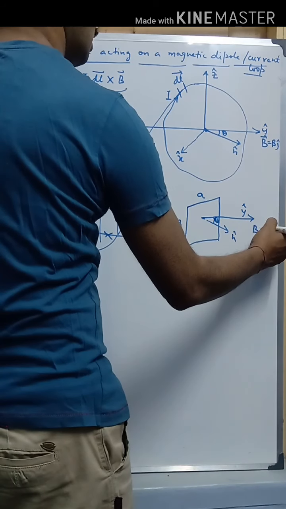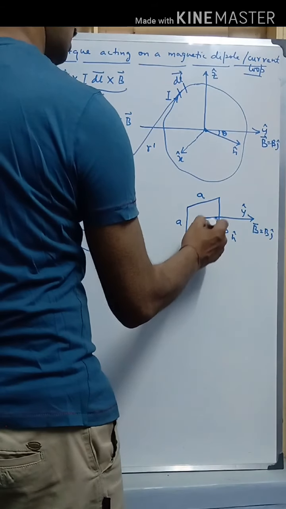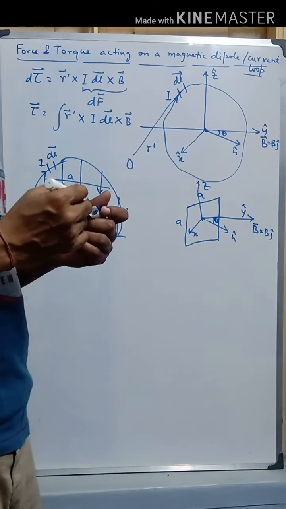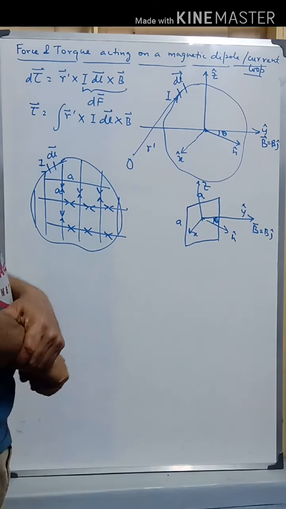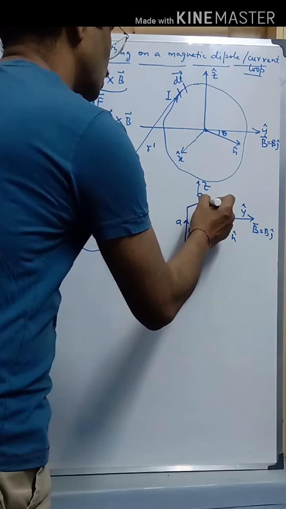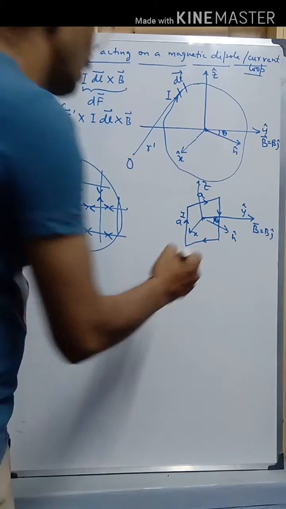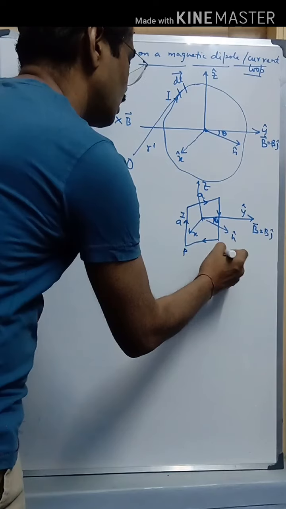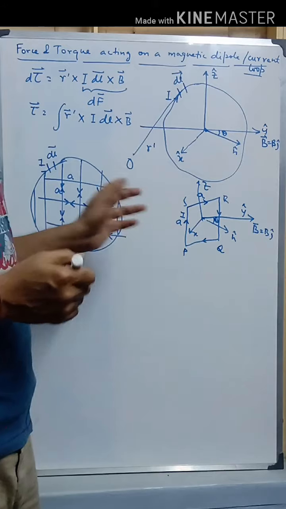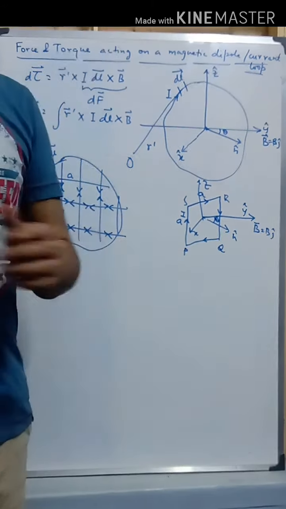The field is B j cap, with the x-axis and z-axis as before. This square loop carries a current I, and you have many such elementary square loops which make up the whole loop.